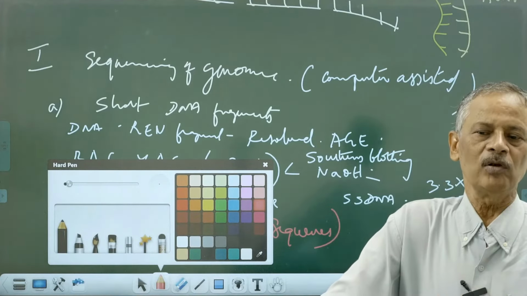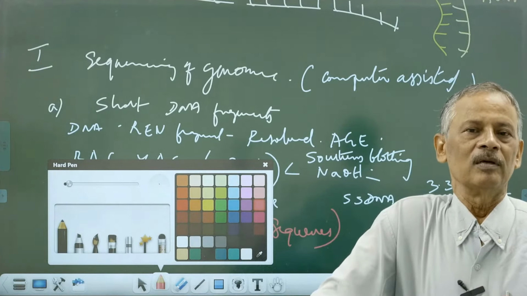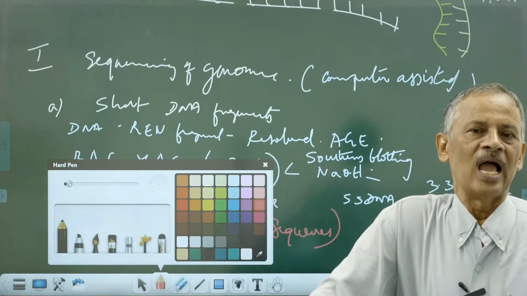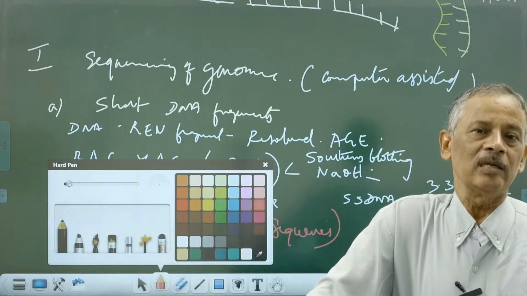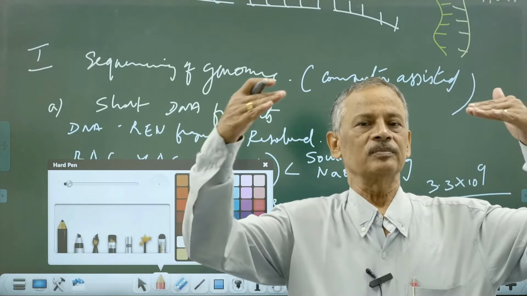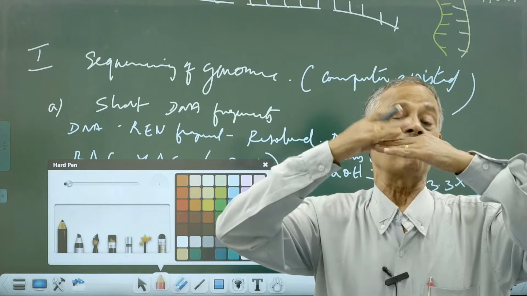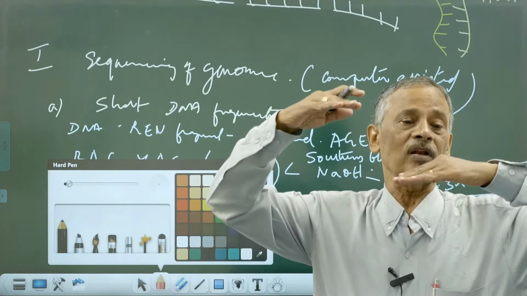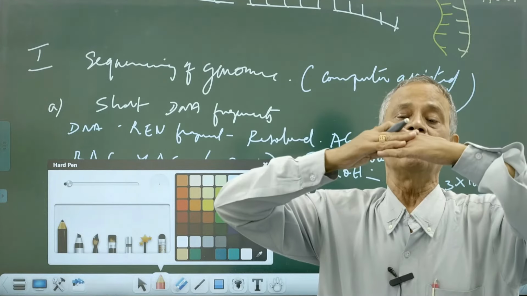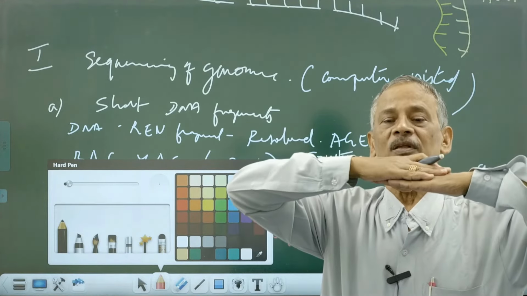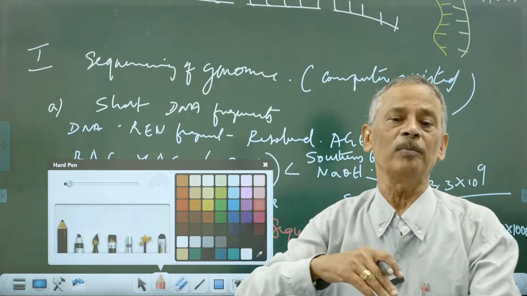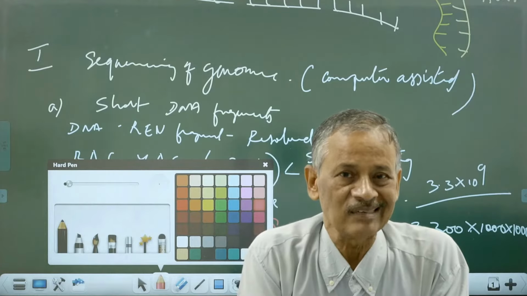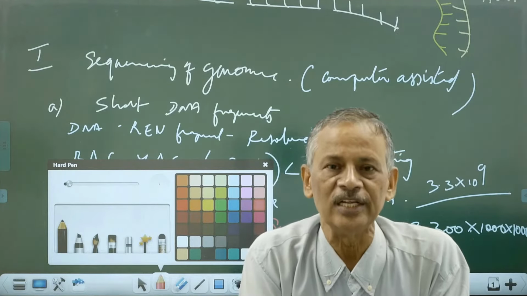Now the computer will tell what pieces have the same overlapping sequences, and it will automatically bring these elements together based upon these overlapping sequences. If two segments have the same overlapping sequence, they will be brought together, and thus small pieces are joined together and will form a long chain. Thus the entire sequence is studied.